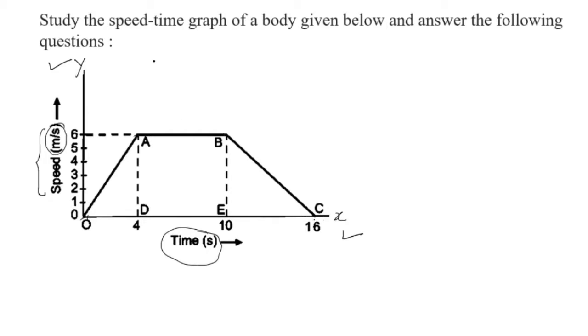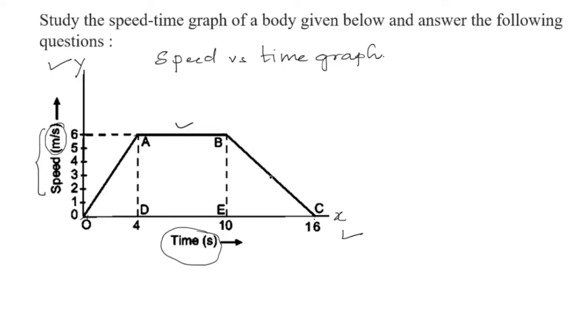It's a speed versus time graph, so remember this is the speed versus time graph. A body is moving at a certain speed, it increases its speed over a period of time, then the speed remains constant, and then the speed reduces.